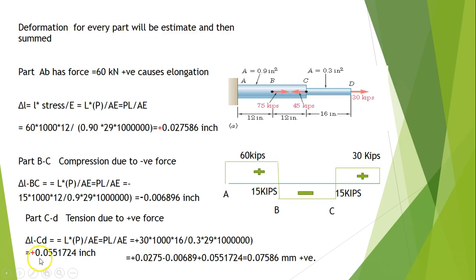It will yield positive 0.005174 inch. We make the summation and we come to the final result, which is 0.07586, a positive value.